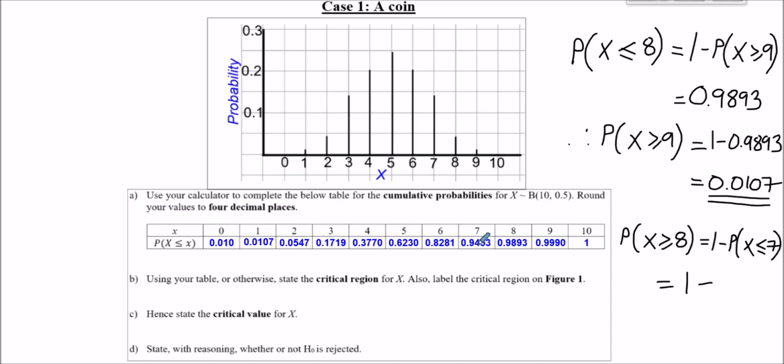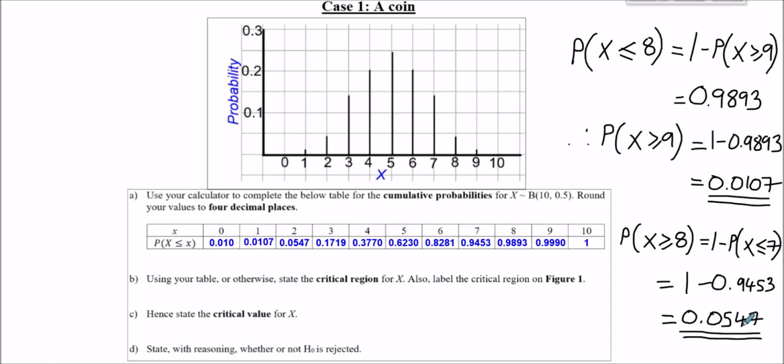But we're told here the chance of it being up to and including 7 is 0.9453. If you use your calculator to work this out, that would give us 0.0547.